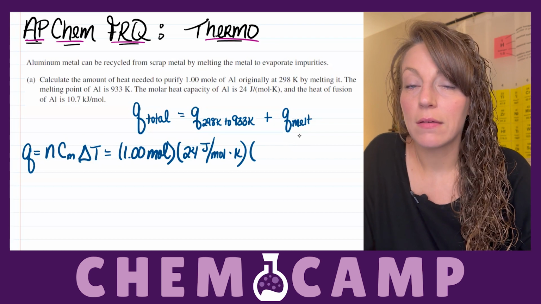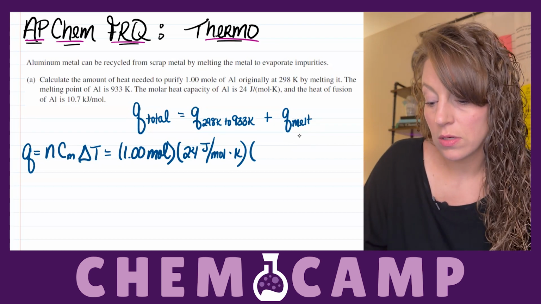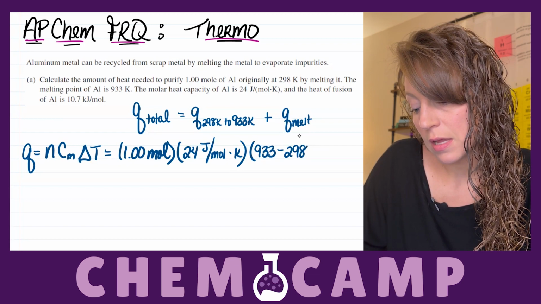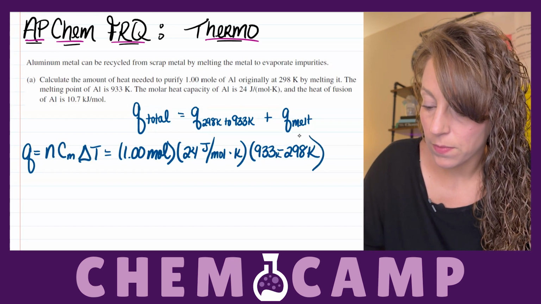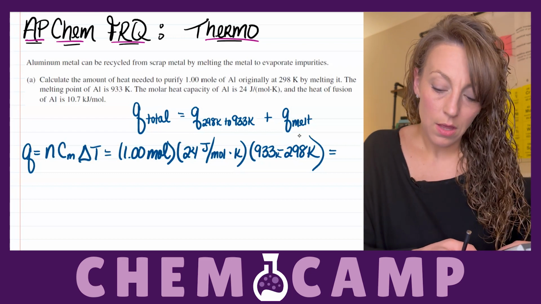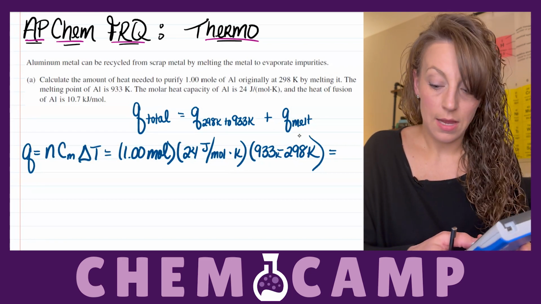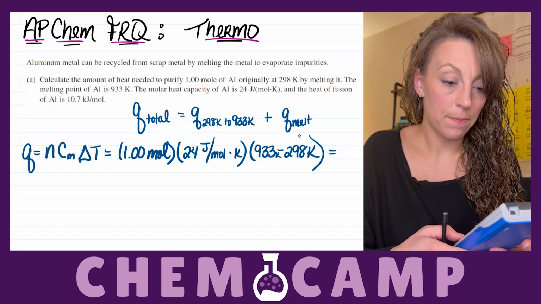Now, anytime you calculate delta T, you always want to do T final minus T initial. So we're going to do 933 minus 298 Kelvin. So if we plug this into our calculator, we are going to do 1 times 24 technically, times 933 minus 298.